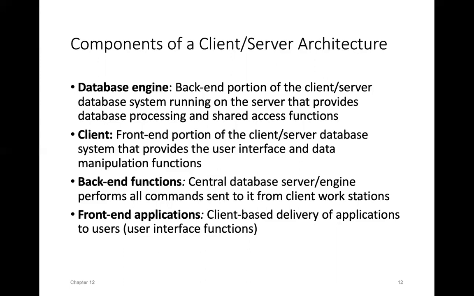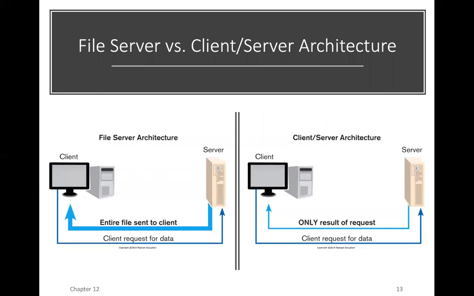The client is the front end portion that provides the user interface and the data manipulation functions. We also have backend functions where the central database server engine performs all the commands sent to it, and then the front-end applications, which are the user interface functions. The next page shows basically the difference between a LAN file server and a LAN client server architecture.